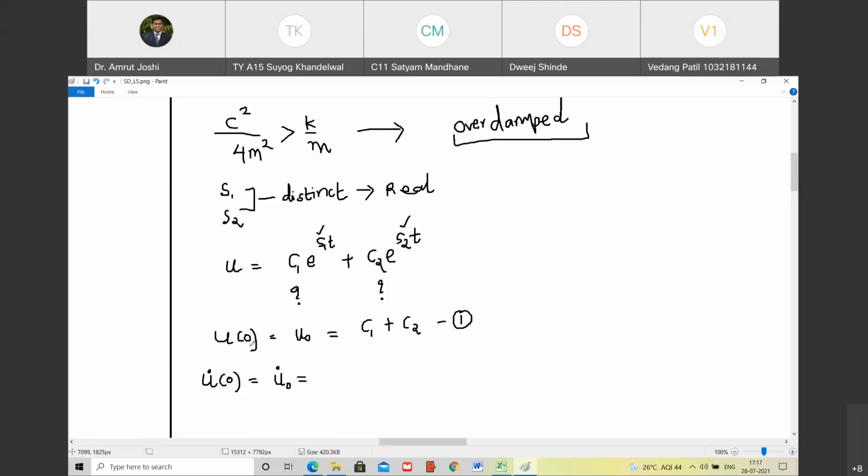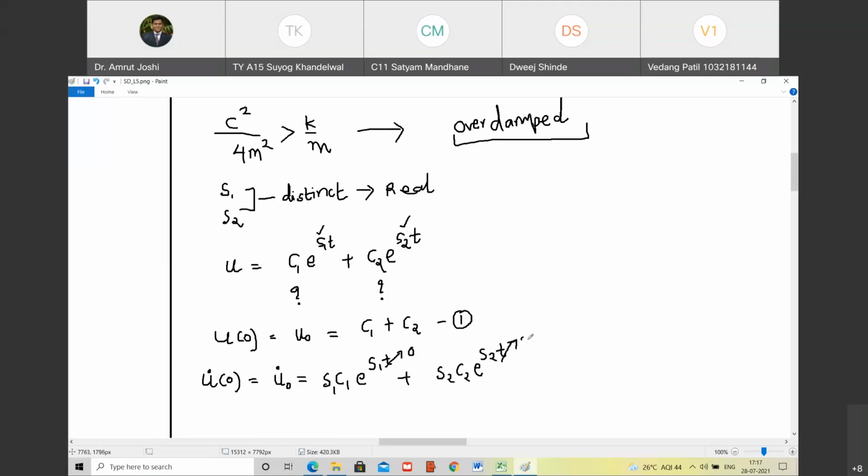And can you tell me what is u dot? Chalo, tell me. It is c1 s1 e raised to s1t plus s2 c2 e raised to s2t. Yes, sir. And I substitute t equal to 0.